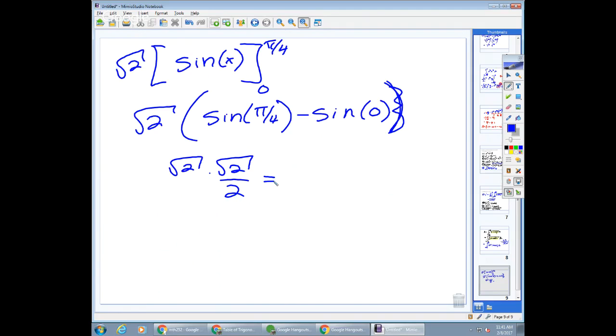Square root of 2 times square root of 2 is 2. Over 2 is 1. Well, that's kind of cool. We got a length of 1. All that work for 1. Whew. Seems kind of freaky, doesn't it, when you think about that? It's 1. All right, fine.